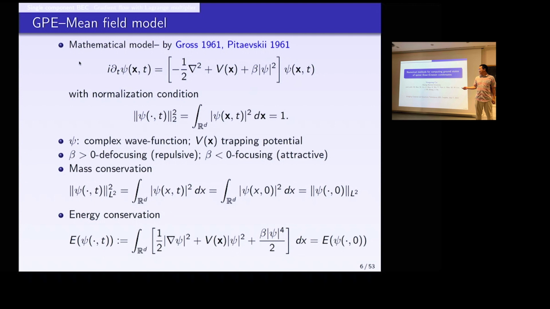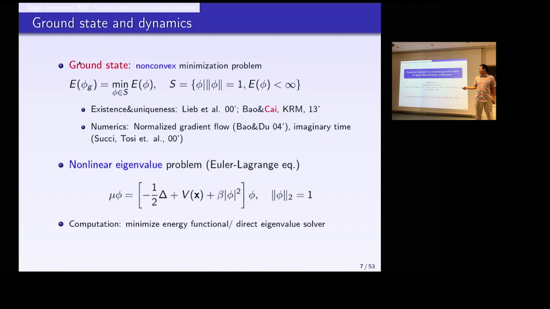And then for the system, of course, one is the mass constraint, and the other one is the energy. The two fundamental problems in this case are, first, to compute the ground state, which is relevant in the experiments because the temperature is low, so the system is in the ground state.